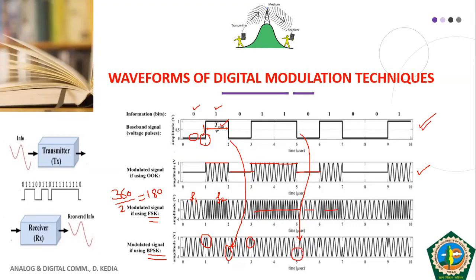So since phase change of 180 degree means nothing but phase reversal, that's why your carrier signal values are reversed in phase. Okay, so this is our phase shift keying. So I hope you have been able to understand these digital modulation techniques waveforms.